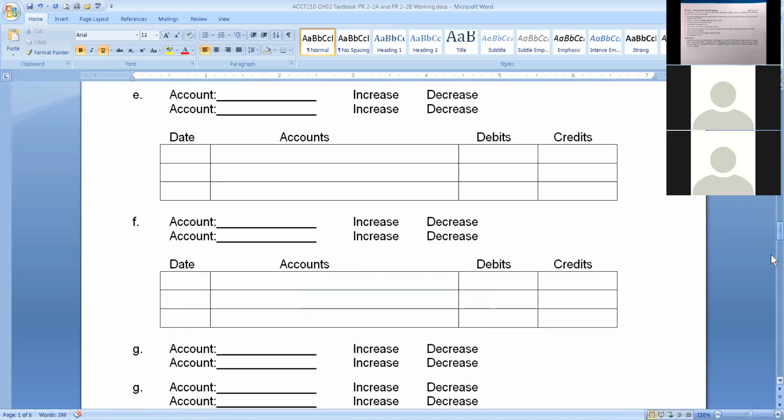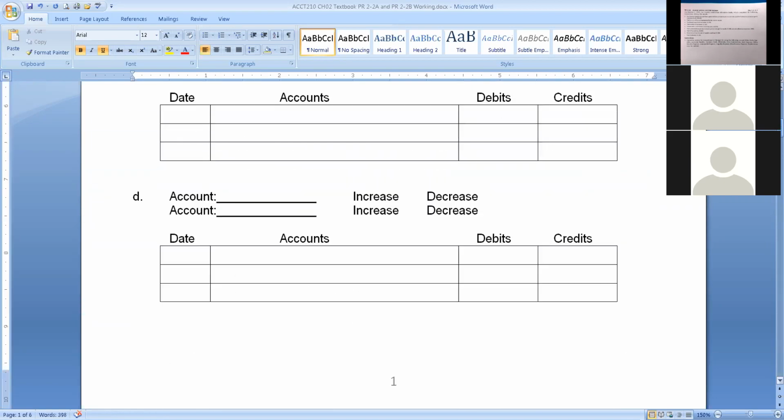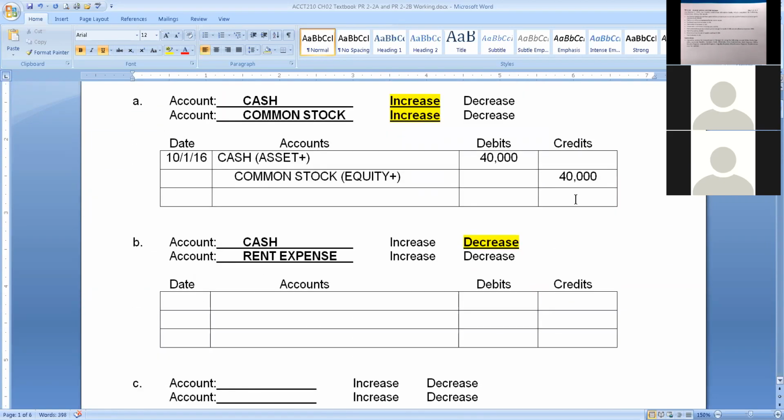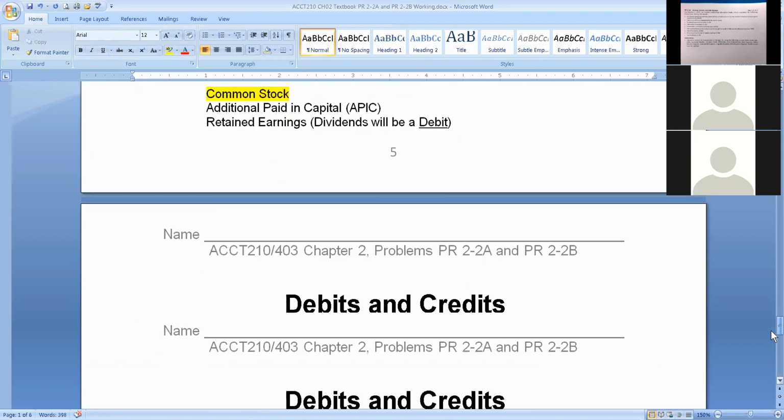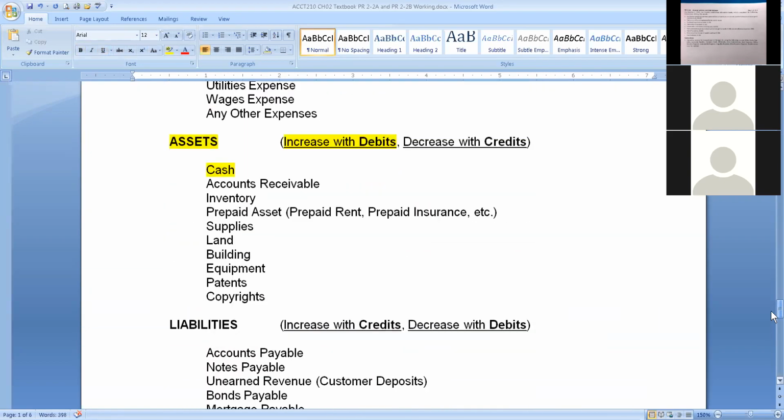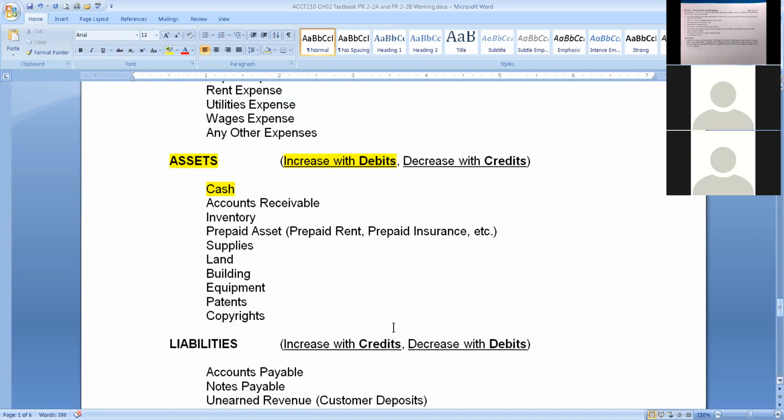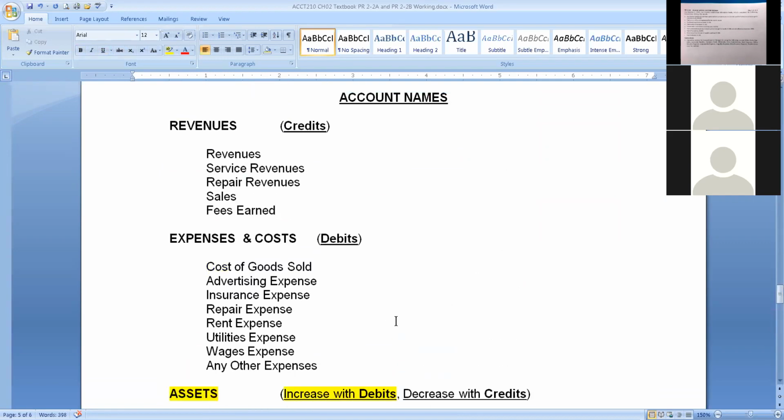And if we go down here, wait, hold on a second. Let me put that in. So going down here to the bottom. Rent expense. It's going to be a debit.